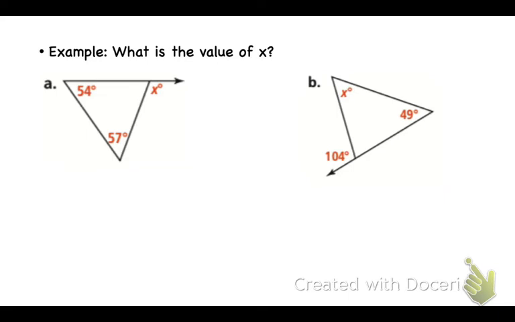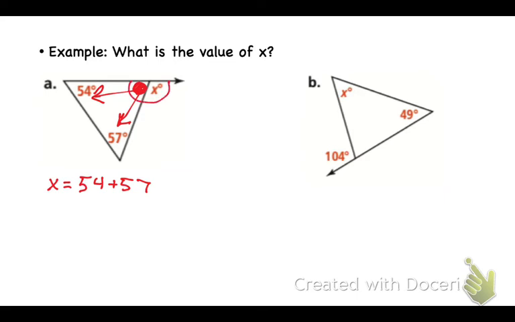So this exterior angle, X, equals what? 54 plus 57, the two opposite angles. Even if I had this angle, isn't this a linear pair?